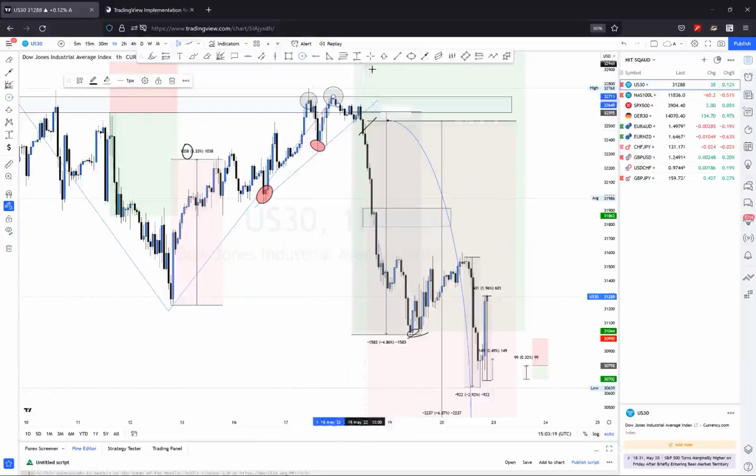So that's where we got in that trade, and the push down was very quick. So it got out before the second pullback here, so I didn't catch everything here, but that was the final TP for this. So with US 30, we got 1,190 points.